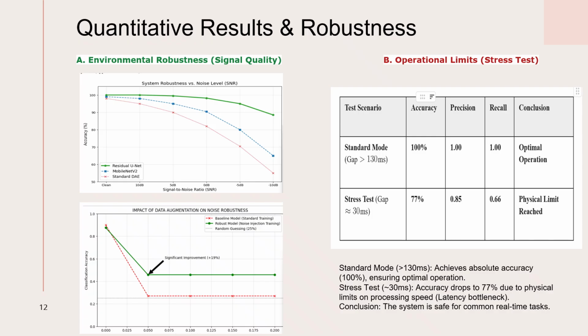This is not a software bug, but a resolution limit. At 30 ms, the fault is smaller than a single pixel on our spectrogram image. We have effectively found the atomic limit to what this system can see.